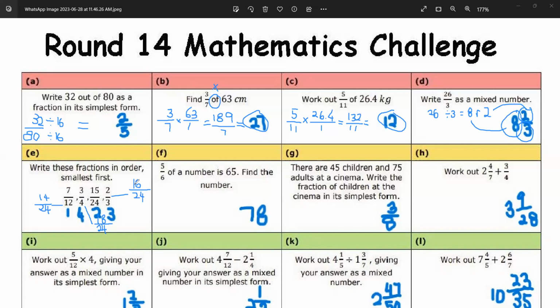Question F. 5 out of 6 of a number is 65. Find the number. For me, I'll draw such kind of picture for me to understand it better.